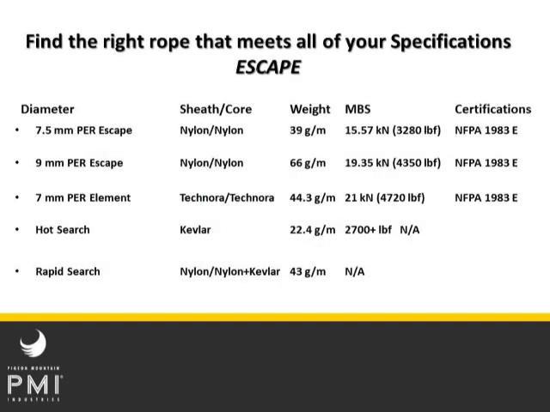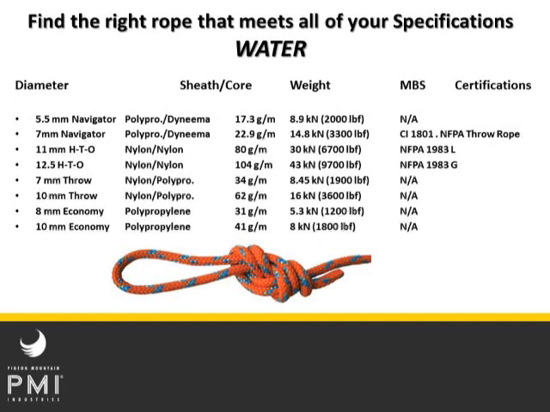And then we have a bunch of different escape ropes of all nylon, all Technora, all Kevlar, and mixes of blends. Those are all our choices out there. And then we make water rescue ropes in polypropylene, Dyneema, and all nylon, and nylon with polypropylene cores, and all polypropylene, which are the really cheap ones.